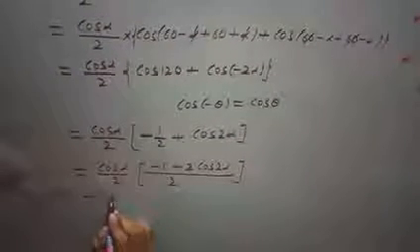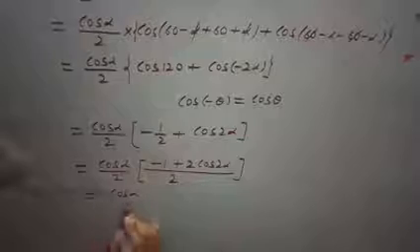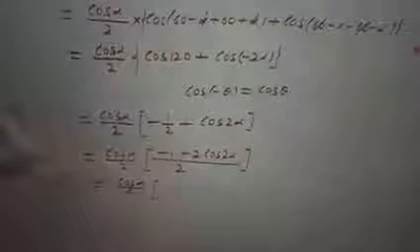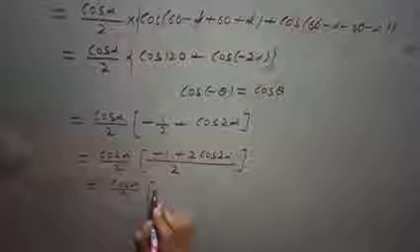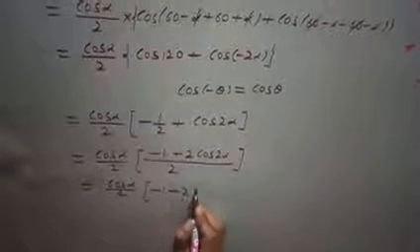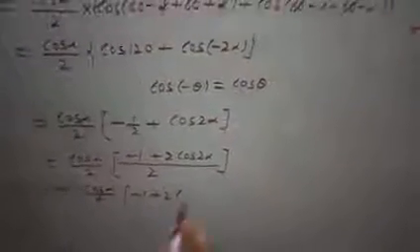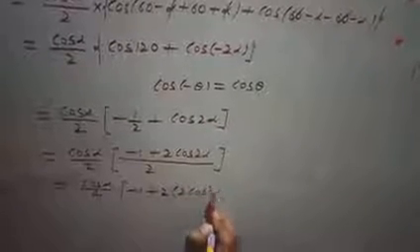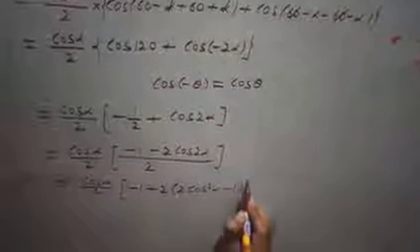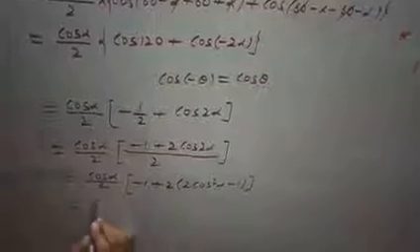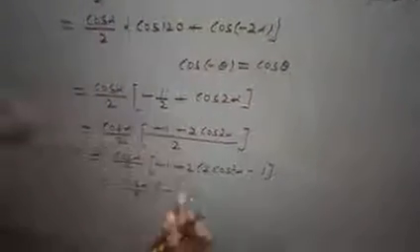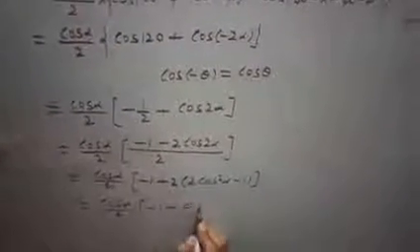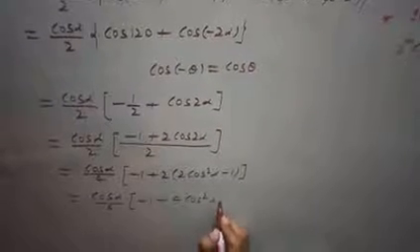So here cos alpha by 4 and minus 1 plus 2, here we open the bracket, cos 2 alpha, that is 2 cos square alpha minus 1. Cos alpha by 4, here minus 1 plus 4 cos square alpha minus 2.